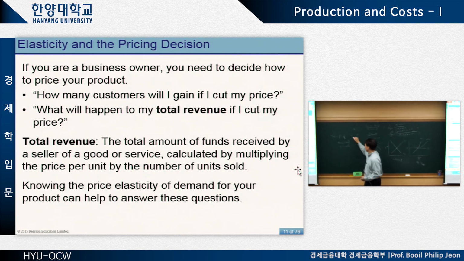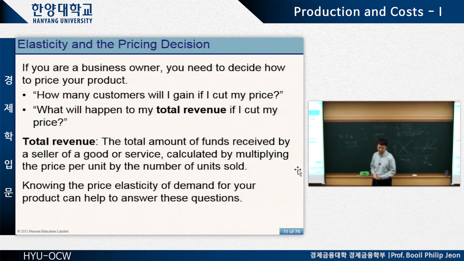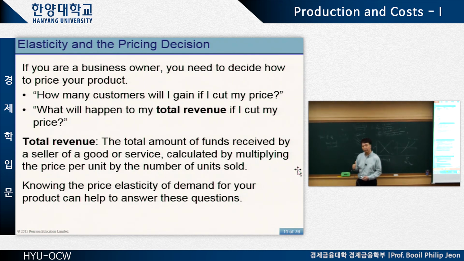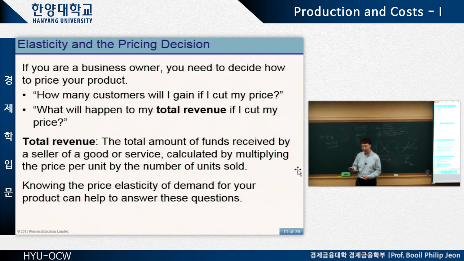If the elasticity was 0.5, less than 1, then when you lower the price by 10%, quantity will still increase, but by only 5%.